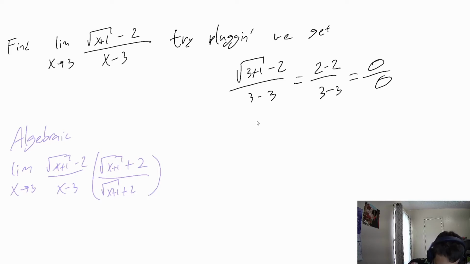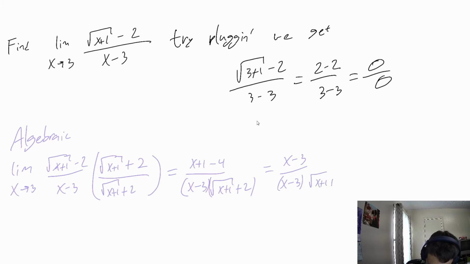Let me change colors back here. After we do this multiplication out, we're going to get x plus 1 minus 4 over x minus 3 times the square root of x plus 1 plus 2. So this is x minus 3 over x minus 3 times the square root of x plus 1 plus 2.